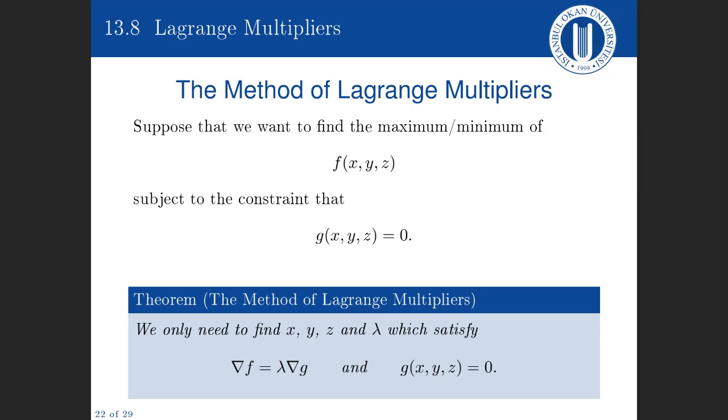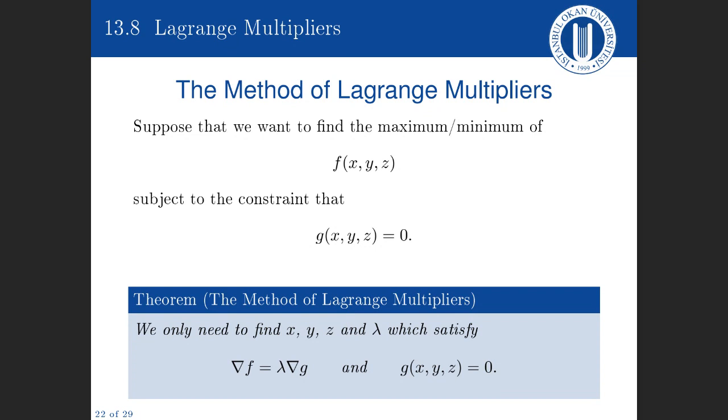The method of Lagrange multipliers says we only need to find x, y, z and another number lambda which satisfy nabla f is equal to lambda nabla g and g is equal to 0. And in practice, that's going to be easier for us to do.